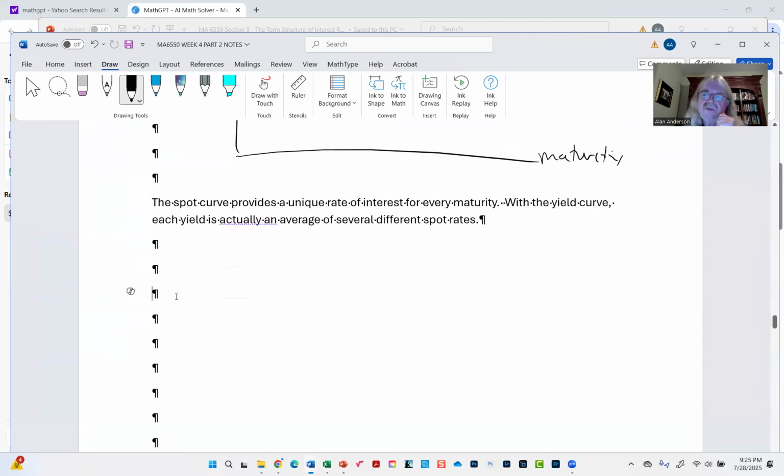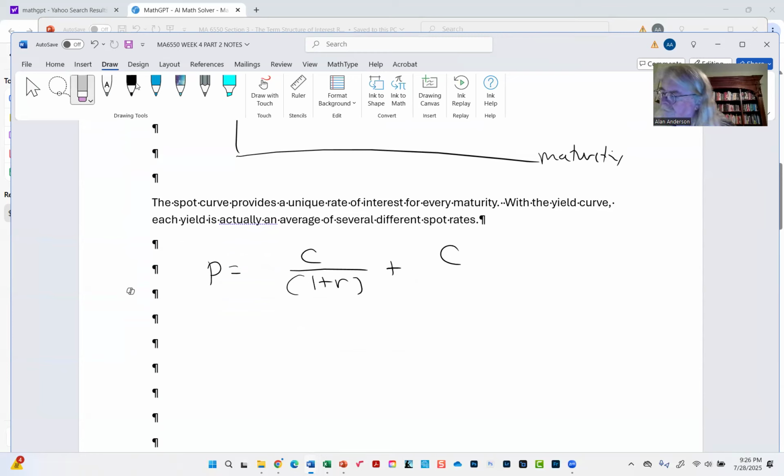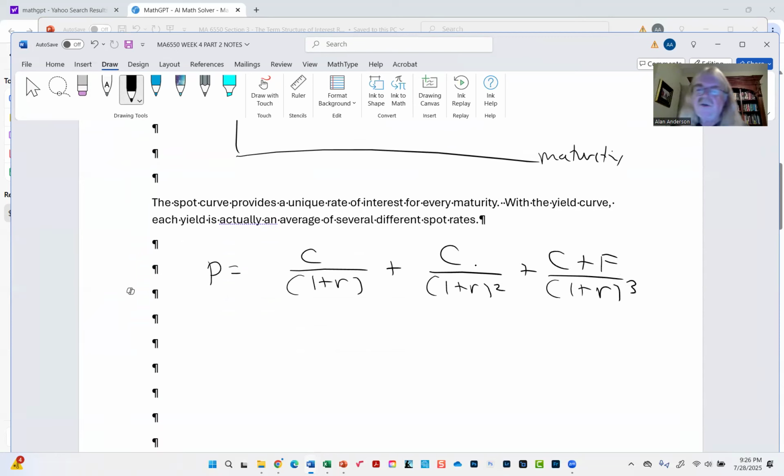So here's a quick example of this. Let's say we're pricing a coupon bearing bond with yields. So the R is a constant, if you notice. This R is the 3-year yield to maturity.